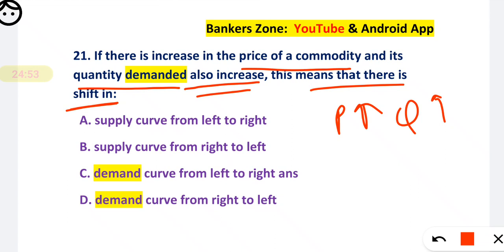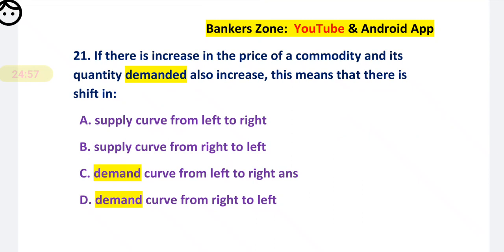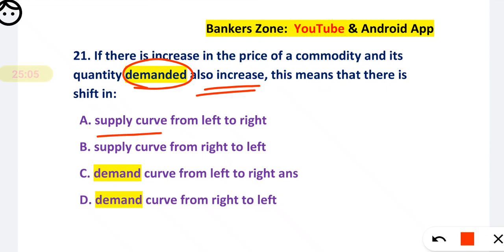That means there is a shift in what will it shift? See friends, they are talking in the question about demand, the quantity demanded increases. So definitely we will not deal with the supply curve. All we are discussing here in the question itself is about the demand. So the first and second options we will eliminate.